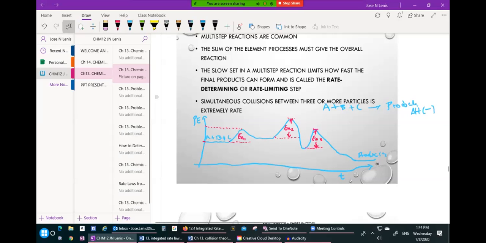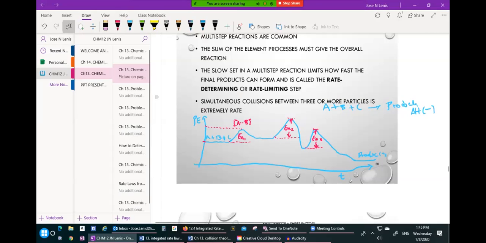For step 1, this is the activation energy for species involved in that transition. Probably in this transition, for example, only A and B are involved, and C is doing nothing so far. It's waiting. So this is going to be the activation energy for participants of the process between A and B in the activated complex.